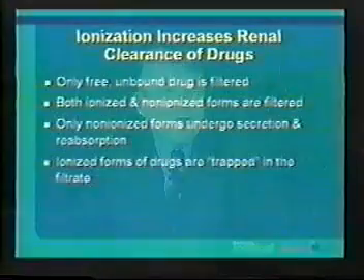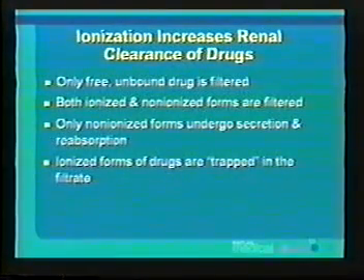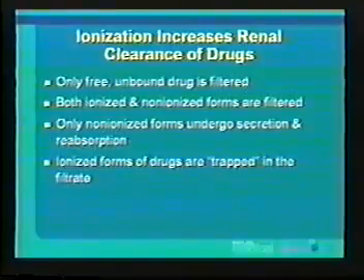Here's a summary of why ionization is relevant to renal clearance. It goes this way. First of all, recognize that if a drug is in the blood and the blood supply is directed to the glomerular apparatus in the kidney, here is a mechanism for filtration.